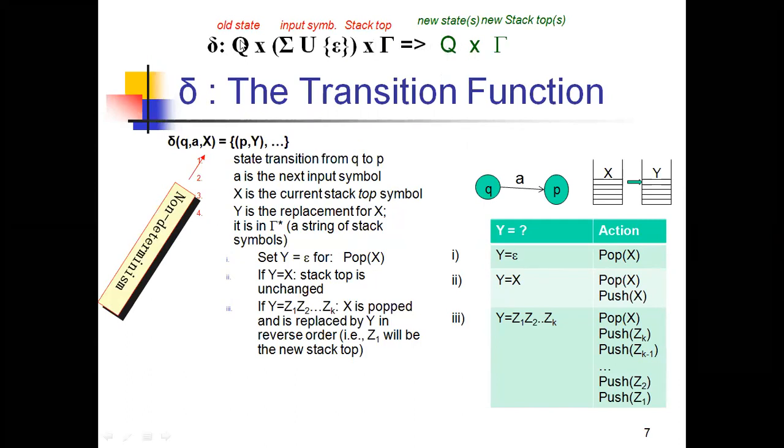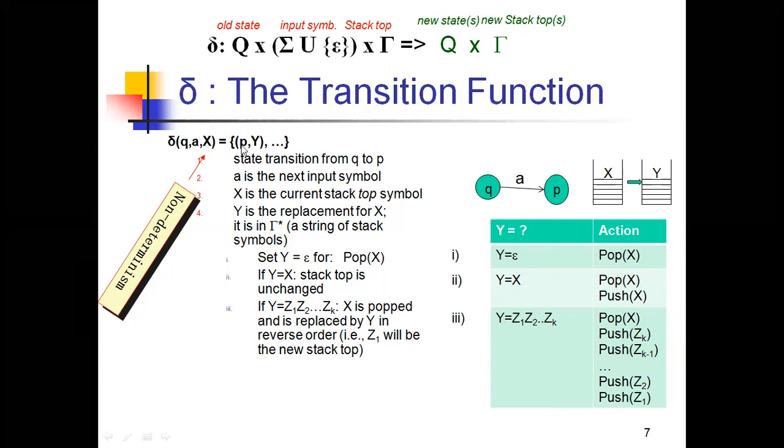That is, we take an old state with an input alphabet along with the top of the stack, and it gives a new state with a new stack top, right? So one can see here delta of the old state with an input alphabet along with the top of the stack, where this is the stack alphabet. This is non-deterministic. And here the output it is giving is (p, y).